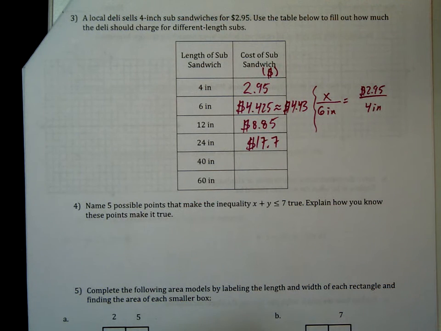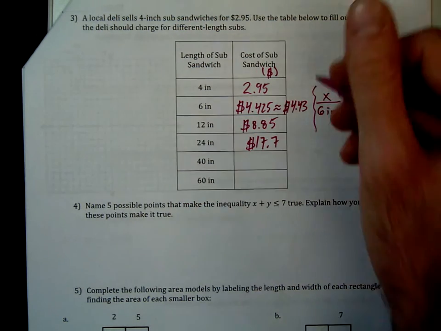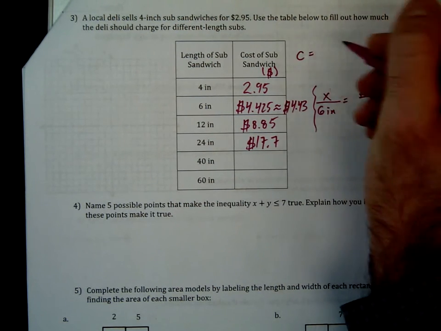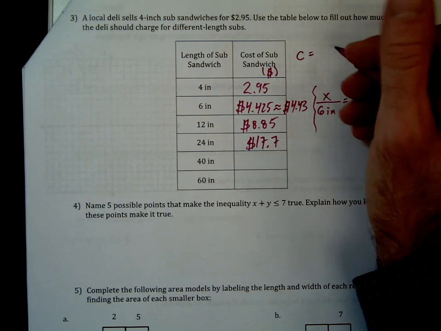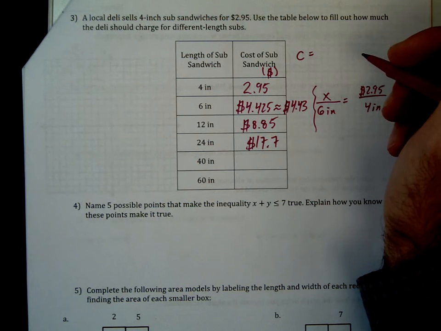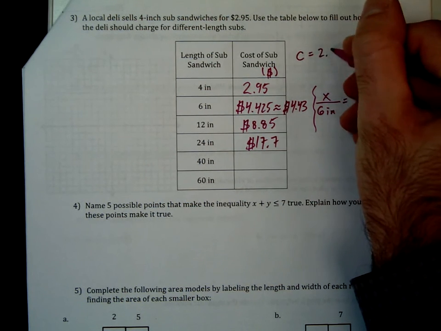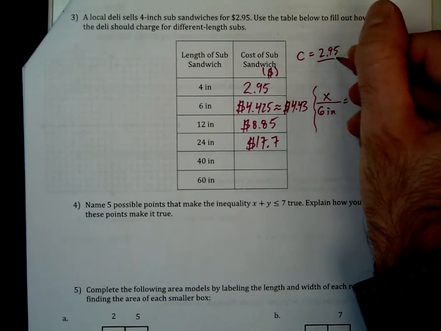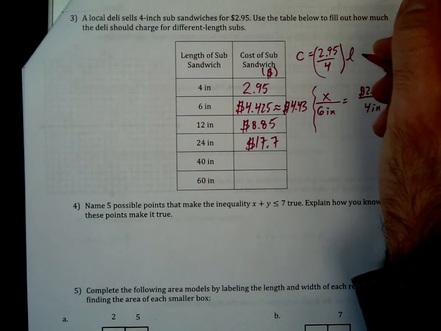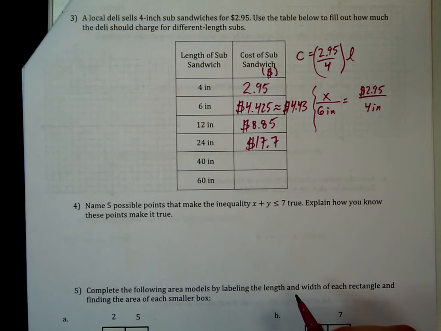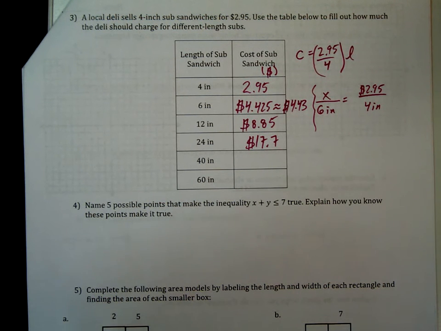Just thinking right now. Think time is good. You could also set up an equation. C, the cost, is equal to, think about this, 2.95 over 4 times L, which is the length. So you could also just use that equation.